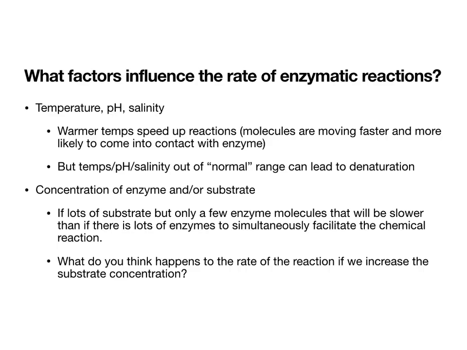The concentration of the enzyme and our substrate obviously can influence the rate. If there is lots of substrate but only a few enzyme molecules, it will be slower than if there were lots of enzymes to simultaneously facilitate the chemical reaction. So, for example, what it's saying is I have 3 enzymes, but I have 100 substrates.